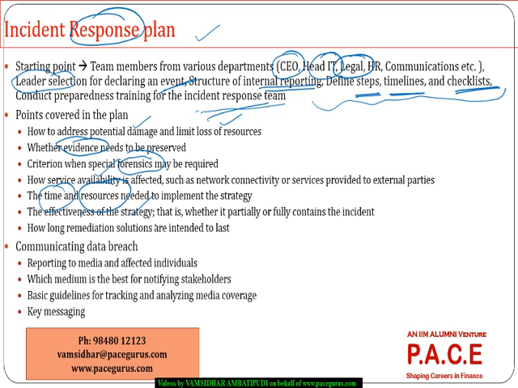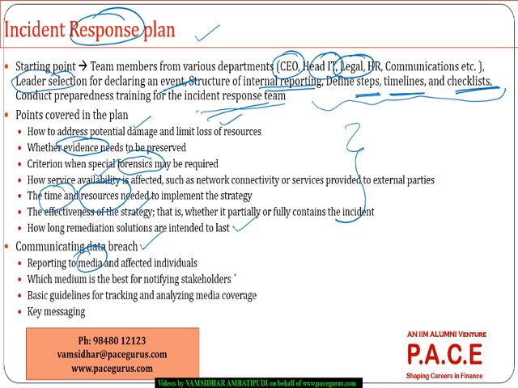What kind of strategy do we need to implement and how effective is it going to be? And how long the solutions are intended to last. All these things need to be very clearly documented as a part of the plan, and it has to be communicated across to all the key parties in the organization. Whenever a data breach occurs, it has to be communicated, but there should be a plan in place.